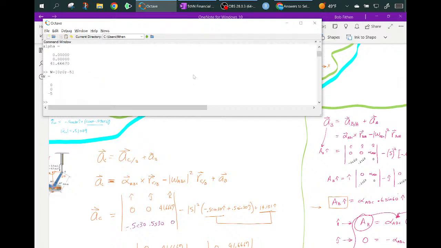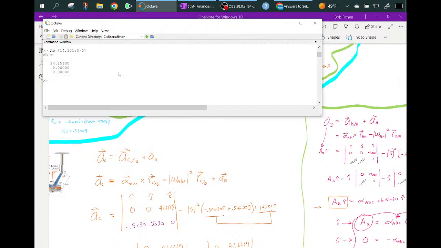Now, if I do this as a vector equation, I'm going to have to add the AB to it as well. Acceleration of B, which I don't think I put in there. Maybe I did. Acceleration of B, which will be equal to 14.151, 0 and 0.